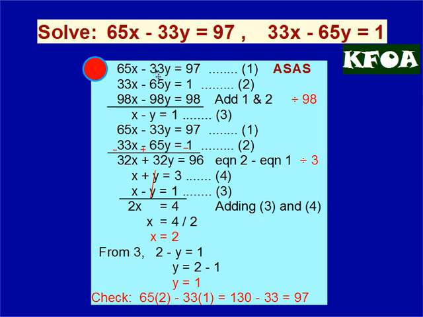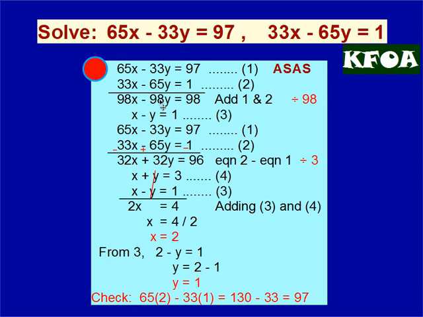So first we add these equations. So when we add equation 1 and 2, I get the answer 98x plus 98y equal to 98. So this is common. So we can divide the equation by 98.